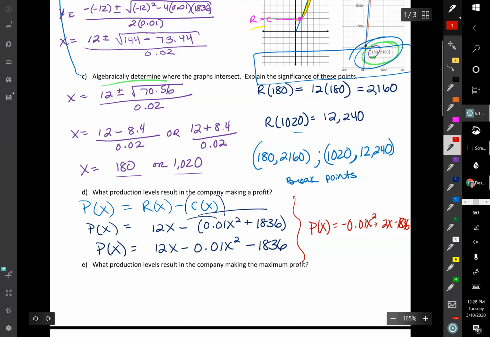Just so it looks like the format, descending order. So we know that in this case, it's going to open down like that. And then the y-intercept will be at negative 1836. So it'll be maybe something like that.